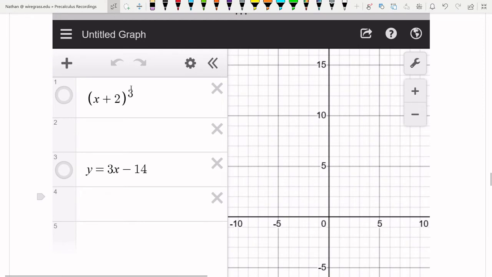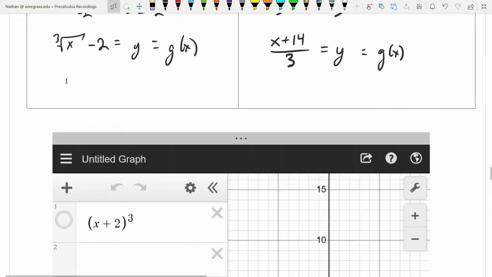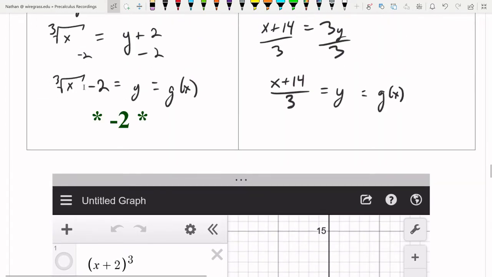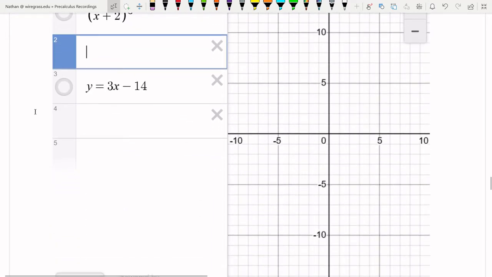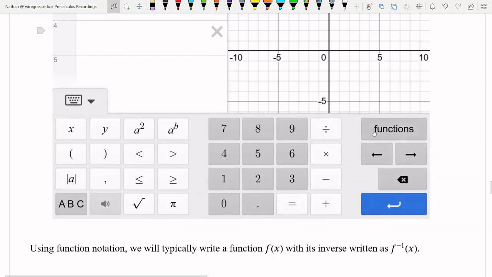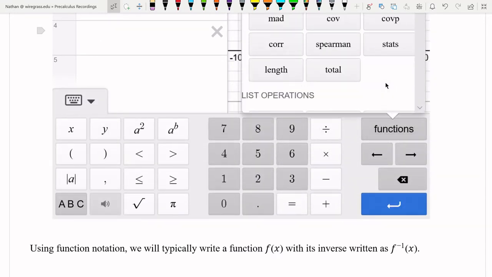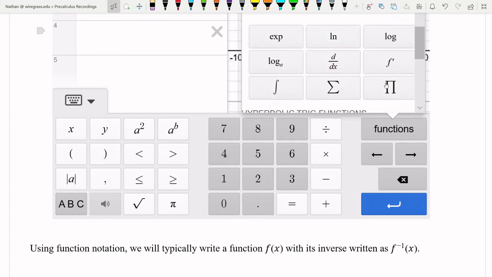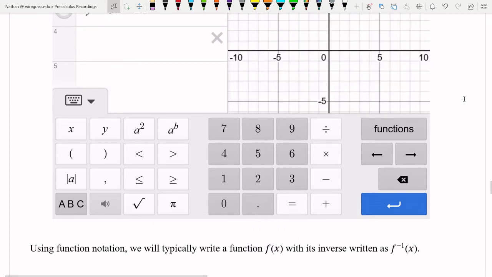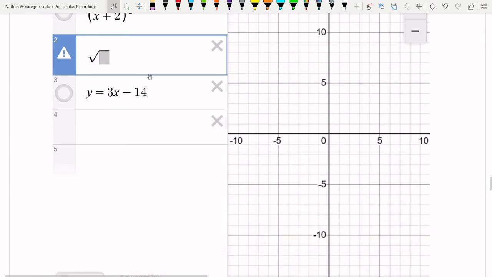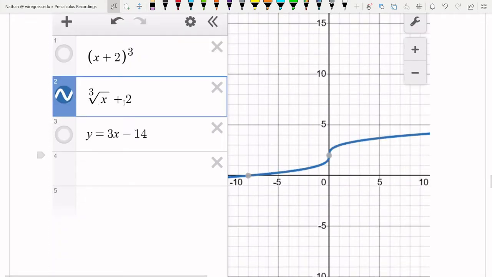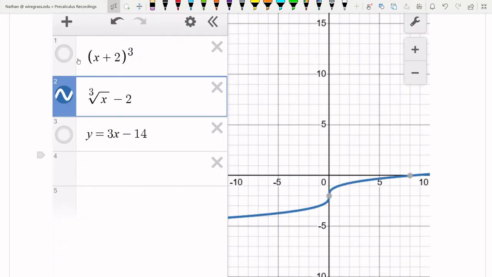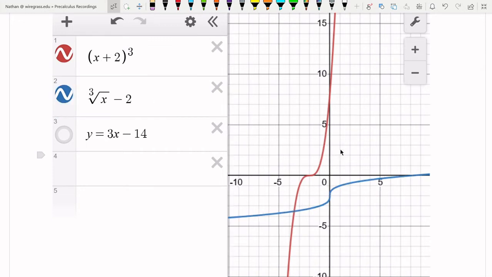So here we had (x plus 2) cubed, and we got as a result the cube root of x minus 2. Okay, here we have (x plus 2) cubed, and then the cube root of x minus 2.